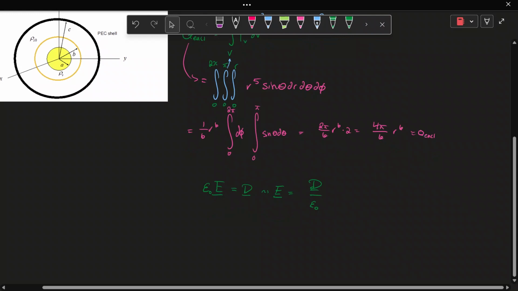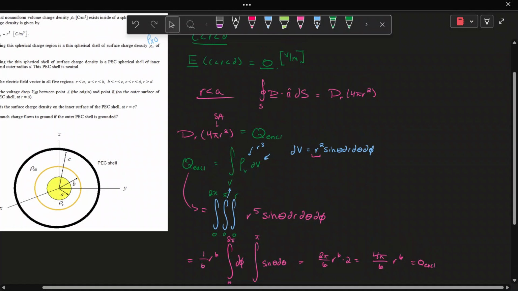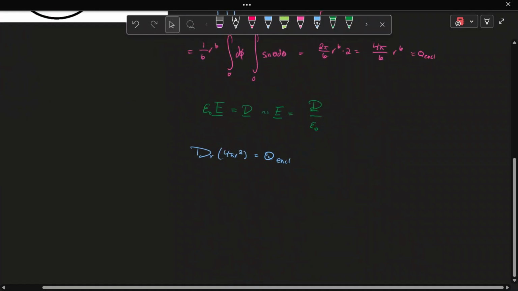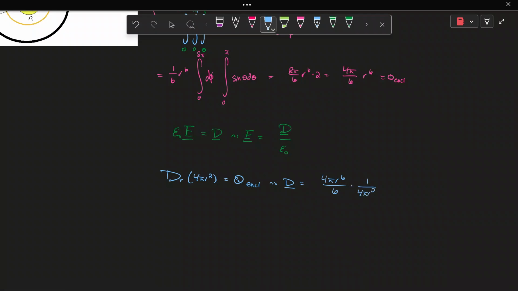So what can we do? We found Q enclosed, and what else do we know? Well, we know D times 4 pi r squared is equal to Q enclosed by the equation we had set up on top. That means D is equal to 4 pi r to the 6th over 6 times 1 over 4 pi r squared.